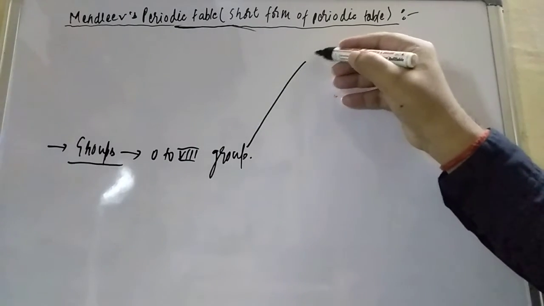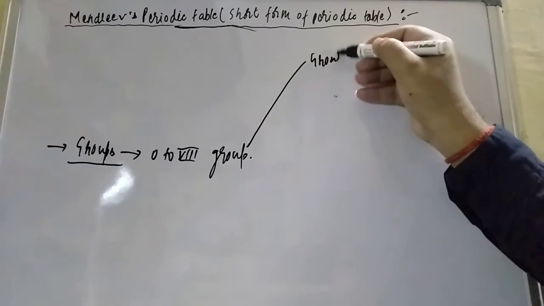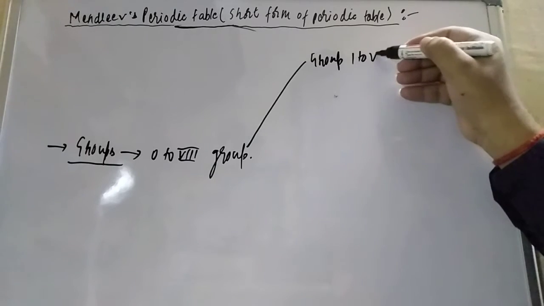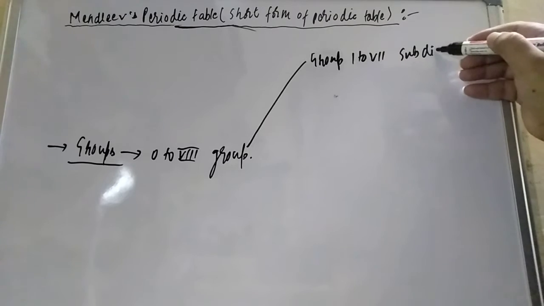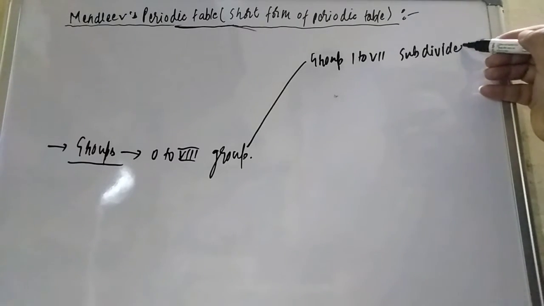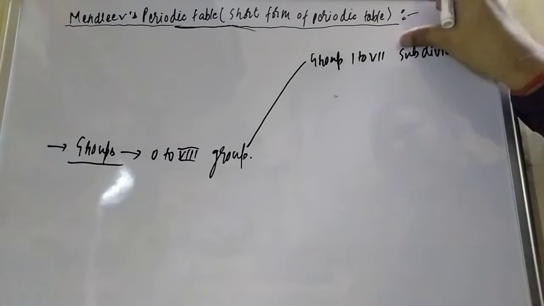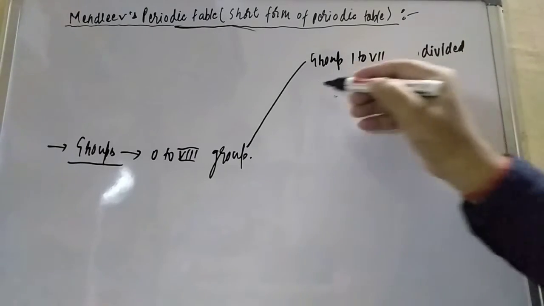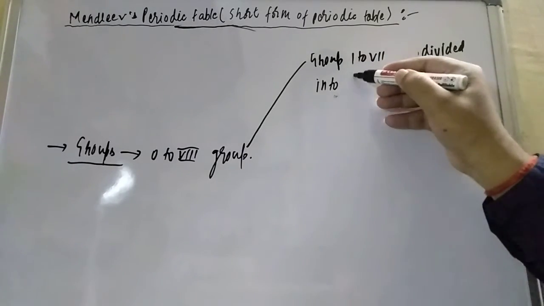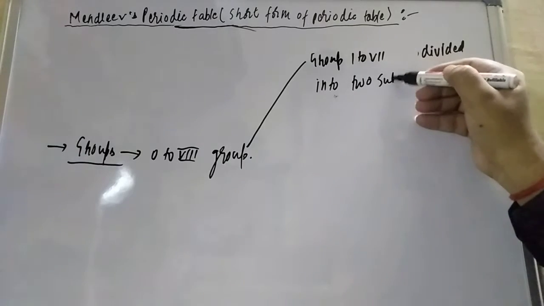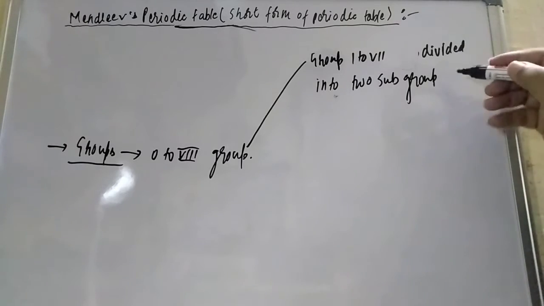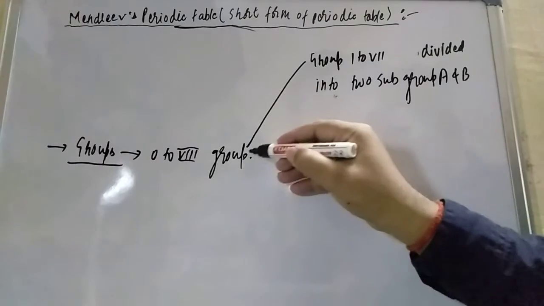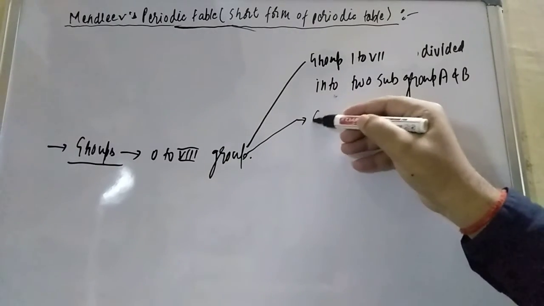Groups 1 to 7 are divided into two subgroups, A and B. Now what is happening with group 8?